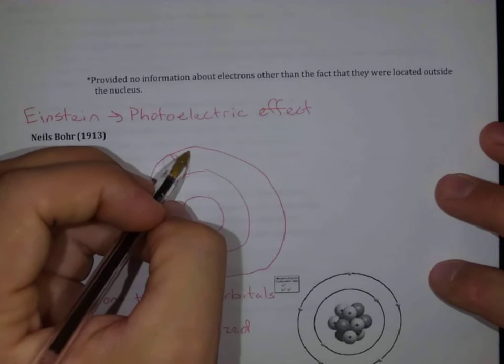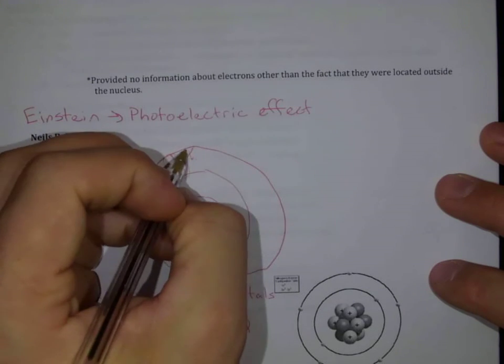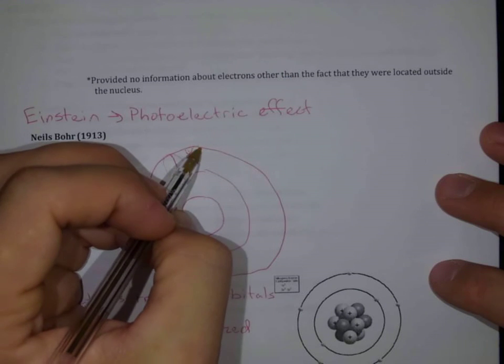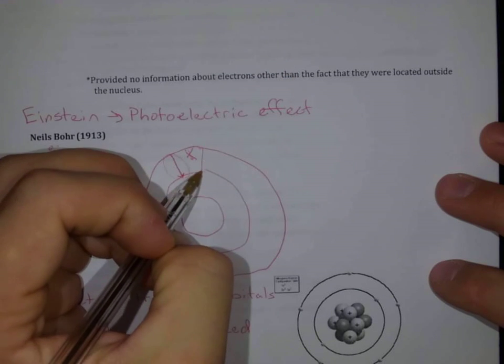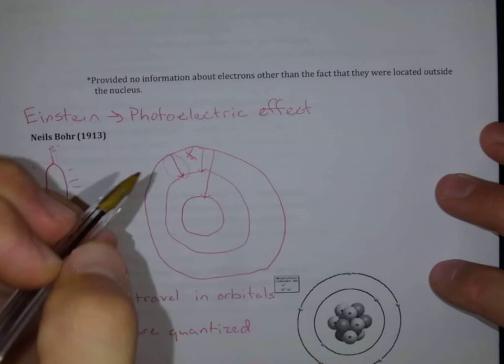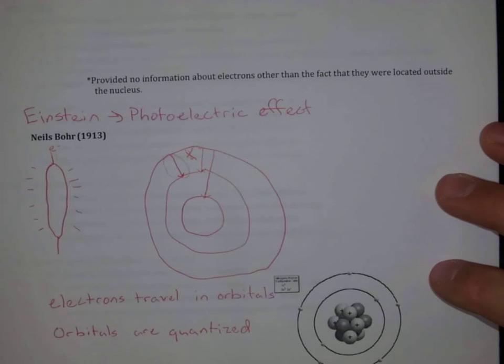It can't just go halfway. No, that doesn't work. It's got to go from this outermost energy level down to the second, or it could go all the way down to the first, right? So this means that electrons are traveling in these orbitals, and the orbitals must be quantized.